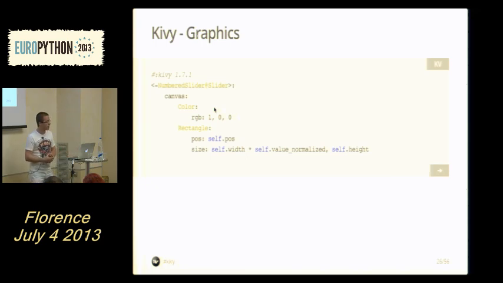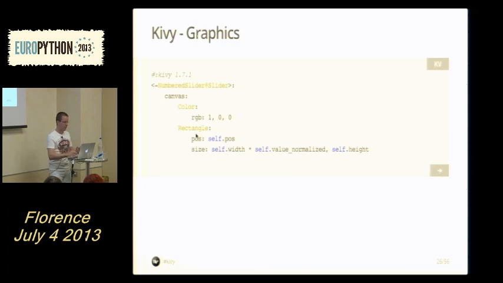I will add a rectangle instruction and say the position of the rectangle will be the position of, oh wait, self. But I said self was the instance of the widget. You're right, it's the instance of the widget, not the graphics instruction. You can't make graphics instructions depend on each other, and we won't allow it, because we have a lot of optimization around it, and it would break what we are trying to achieve.